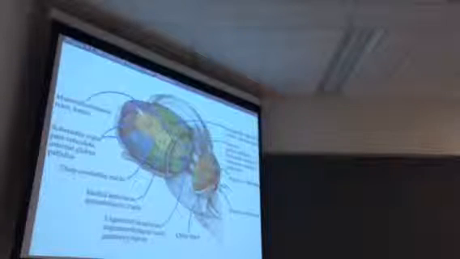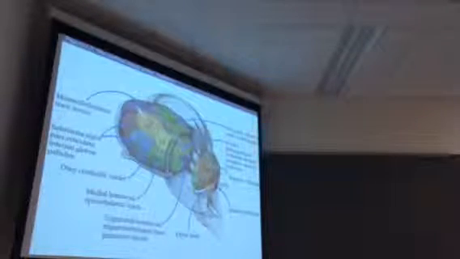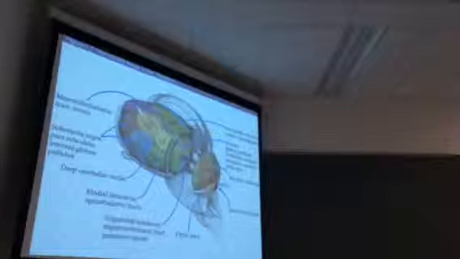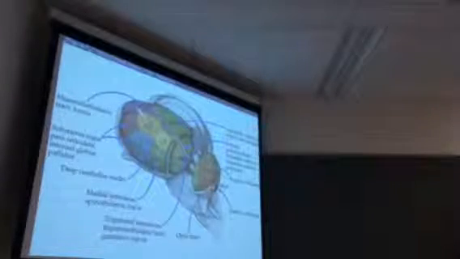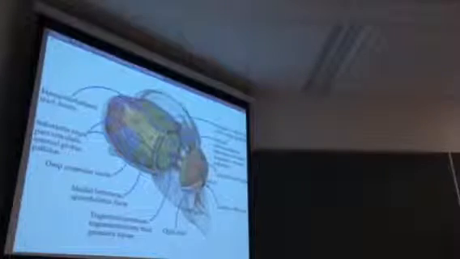And then we come to the posterior group, the pulvinar and the two geniculae. The pulvinar gets inputs from the superior colliculus. We're going to look at the superior colliculus shortly and talk about that.